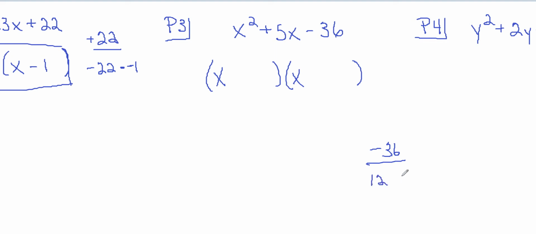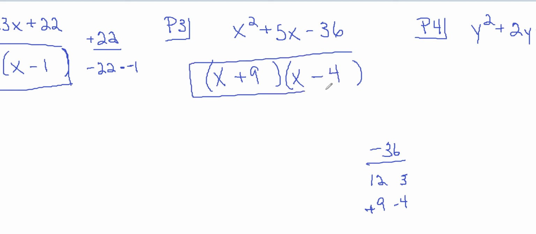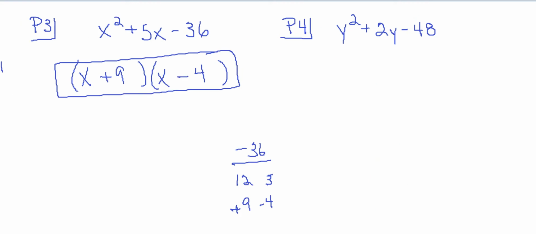I've got 12 times 3. I've got 9 times 4. So it looks like the 9 and the 4 will go. I need a positive 5, so that means the 4 is negative and the 9 is positive. So when I write this in, it's going to be x plus 9 and x minus 4.